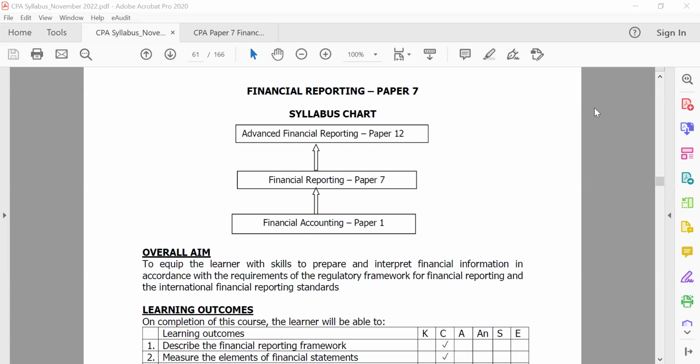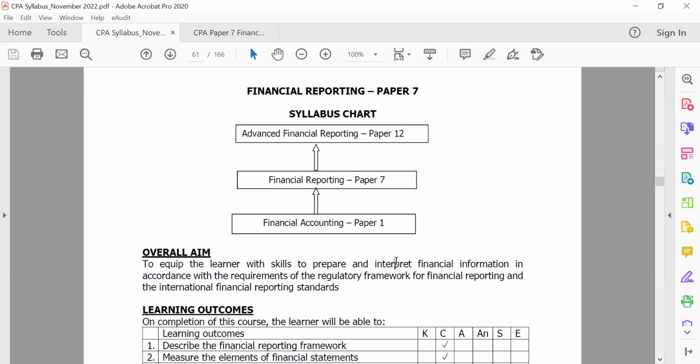If you remember very well, when we were studying financial accounting, mostly what we were looking at were principles. We were just looking at assets, we were looking at liabilities, we were looking at how we prepare the statement of financial position, statement of comprehensive income.